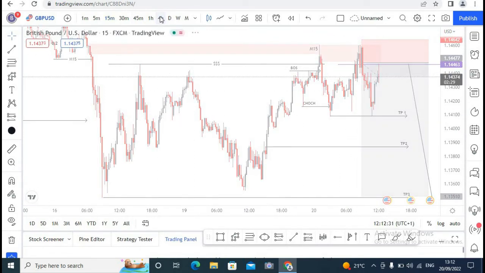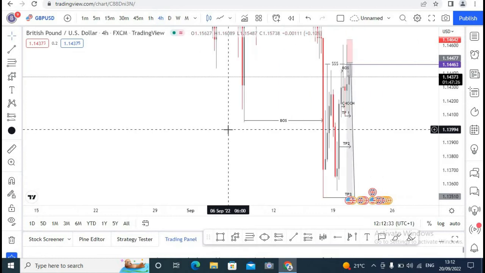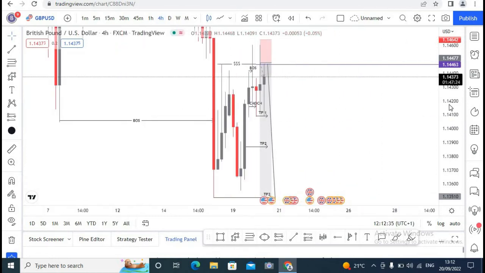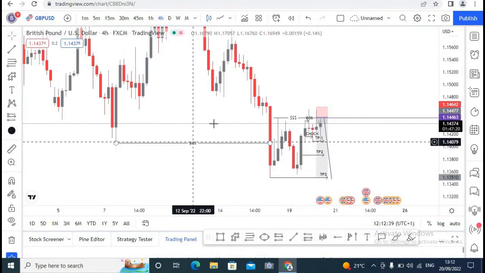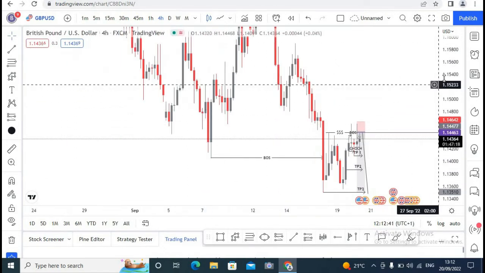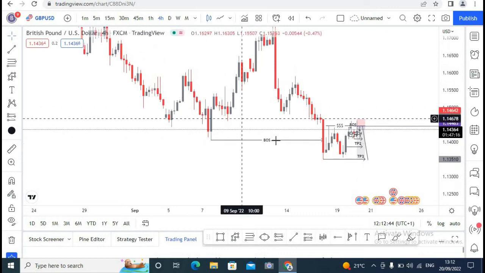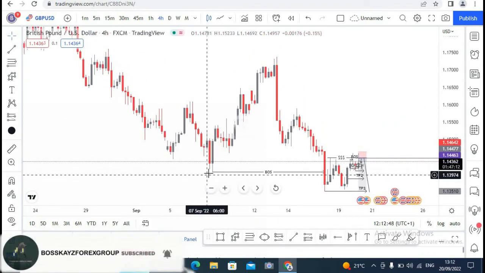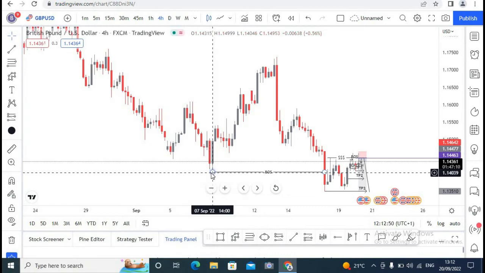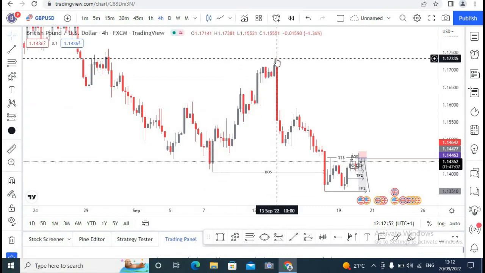But let me go with you in the 8-4 time frame so that you can understand why we took a trade right there. So guys, as you can see, we did have a breakout structure right here, and you can see that the price has been going way to the downside, and the price has created a swing low right here, and then this is a new swing high.